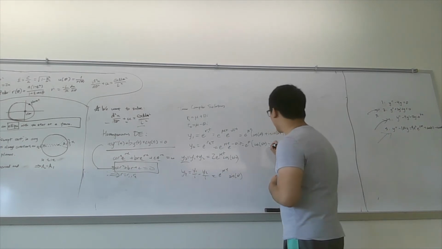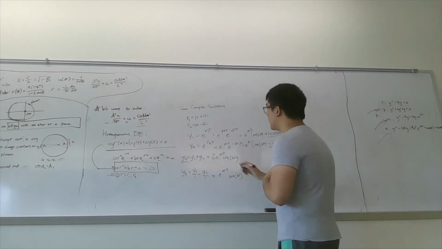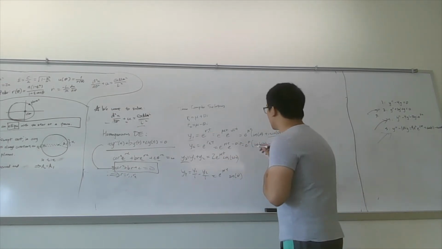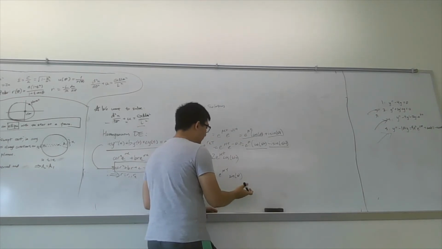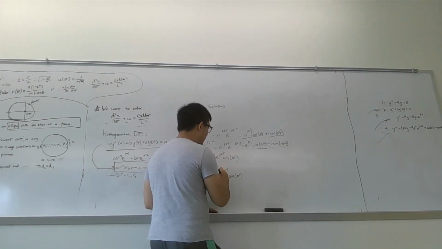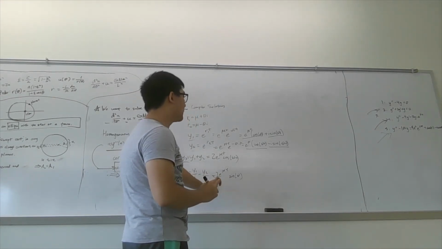By dividing by i, we make this sine term real. And by subtracting y1 and y2, we cancel out this cosine term. And we would just get this value right here.